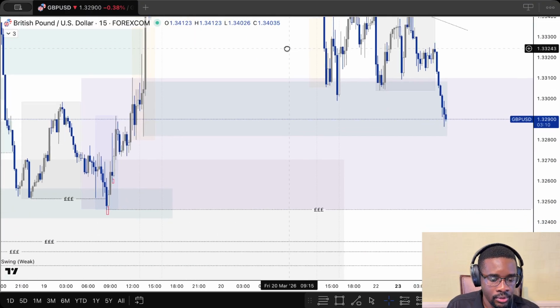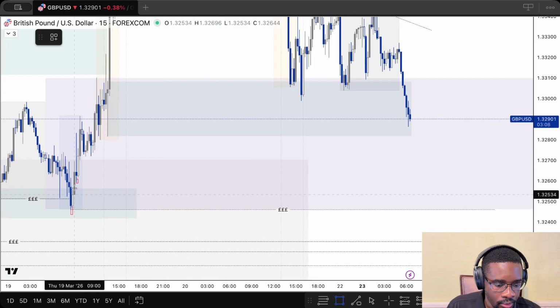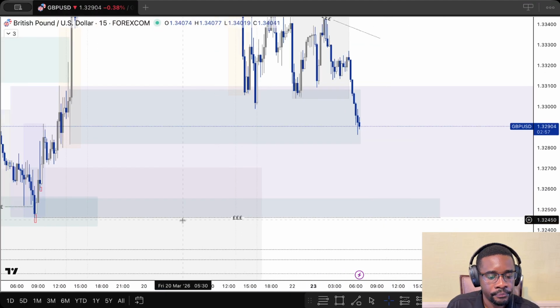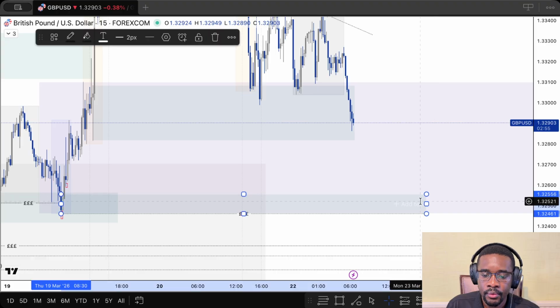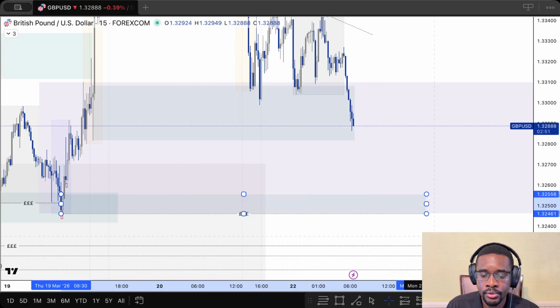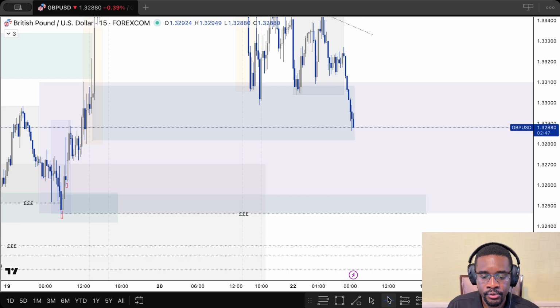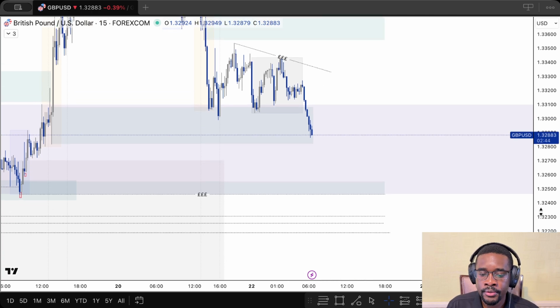So let's see. This is the extreme. That's the extreme zone, I'm just going to mark that. I'm going to expect price to come in and mitigate, and then we'll see how price reacts, because we have all these liquidity points below.